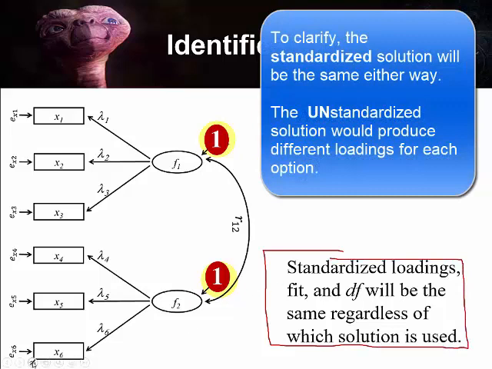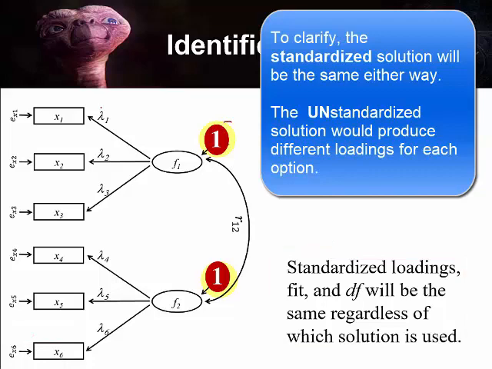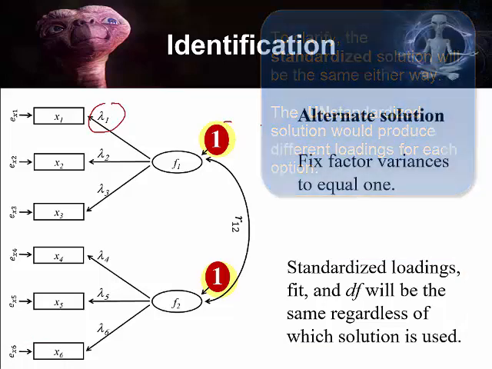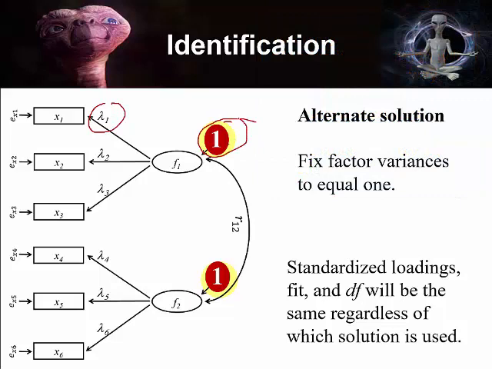And it will have the same degrees of freedom, because note that in this case now, instead of constraining a lambda loading to be 1, we're now constraining a variance to be 1. But in either case, we're putting a constraint on the model. So it's a matter of, do you want to put the constraint here or put the constraint there? Do you want to put the constraint on lambda 4, or do you want to put it on the variance for factor 2?